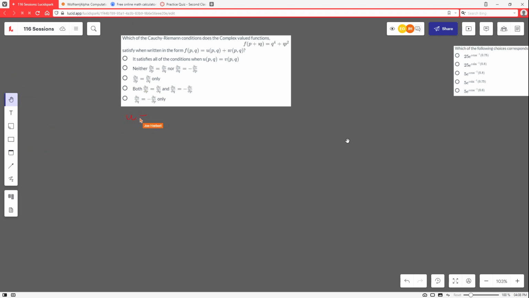So u is q to the 4, and v is p squared. So that's u being the real part, and v being the imaginary part.